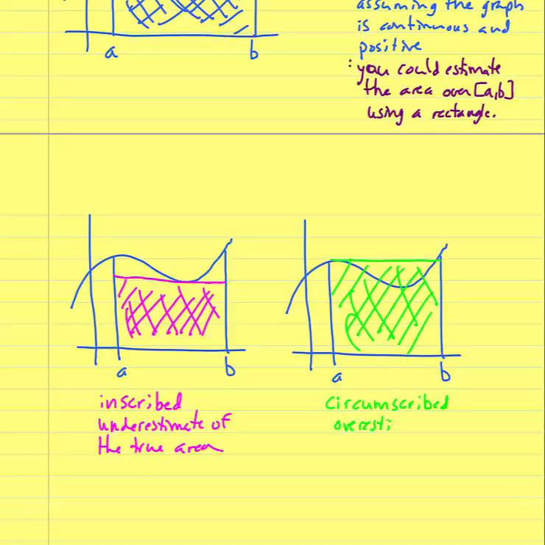Now some graphs, it could be an underestimate depending on whether it's increasing or decreasing. So we don't always want to say inscribed is always under and circumscribed always over. You want to make sure that we take a look at the graph. So again, this is an overestimate of the true area. Now somewhere between the underestimate and the overestimate is the true area.